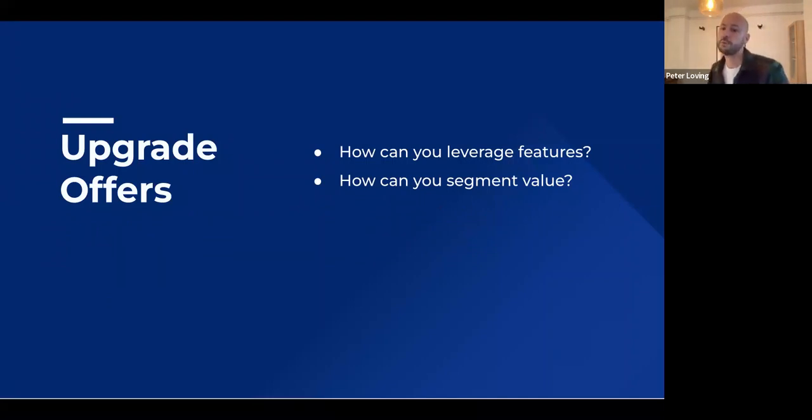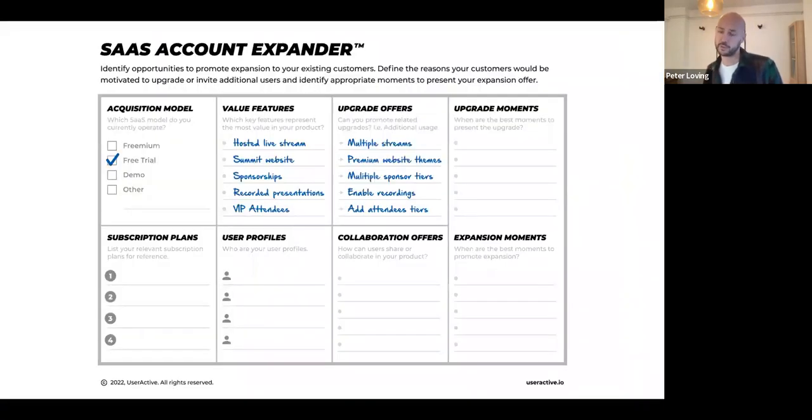So how can you leverage your features to promote the upgrade, and how can you segment value? So if you have a feature that has a lot of value, there are ways to split that value up so that you're not giving everything away. So for something like a hosted live stream, for this example that we'll be using for the live web summits, one of the things that you could do is charge for having multiple streams.